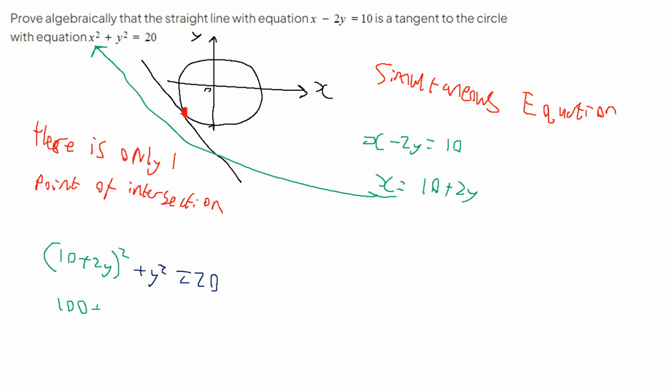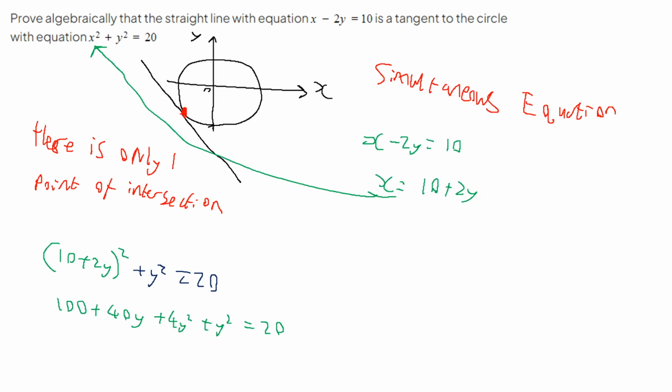Let's expand that bracket. So we're left with 100 plus 40y, 2 times 10 times 2, yep, 40y, plus 4y squared, plus y squared is equal to 20. So now let's collect the like terms.